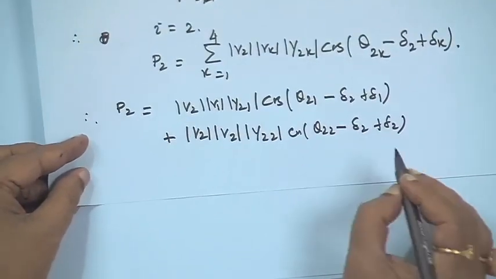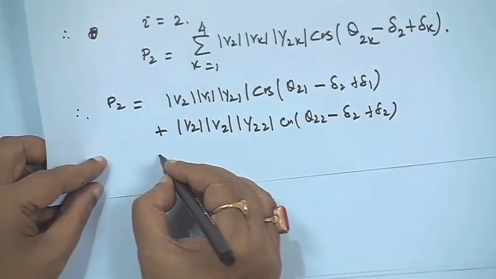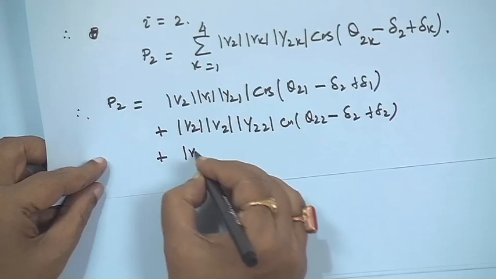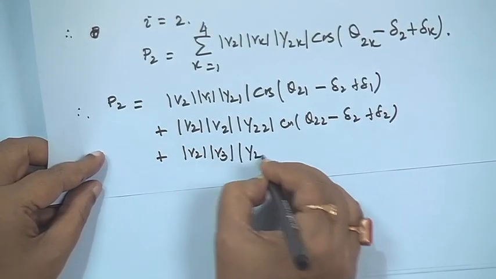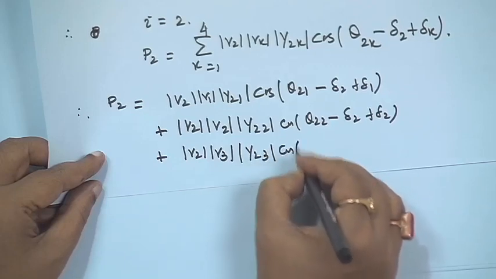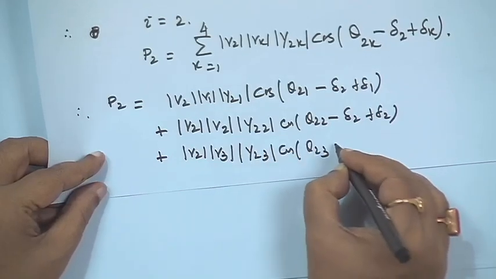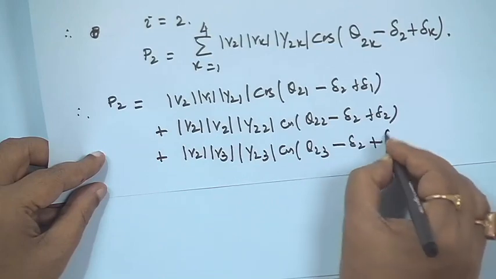So this delta 2 will be cancelled. Then plus V 2, then V 3, then y 23, then cosine theta 23 minus delta 2 plus delta 3.